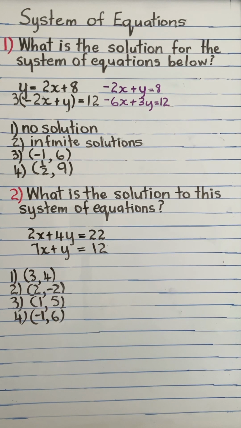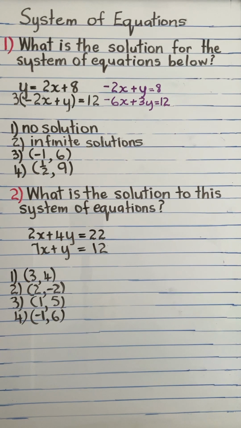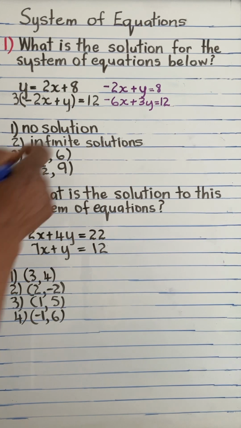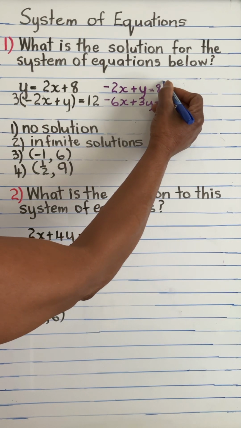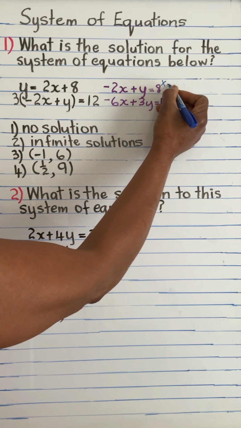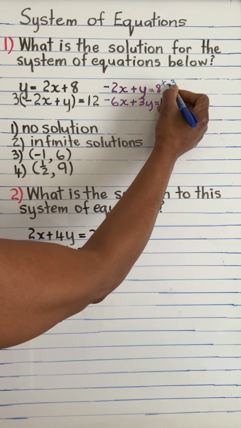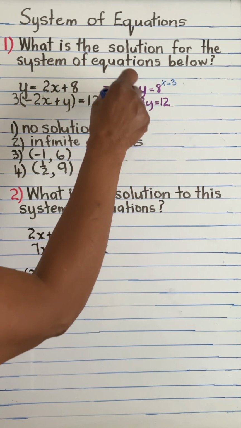Our second step is to make the coefficient of one variable opposite. Because we're using the method of elimination, we cannot readily eliminate any one of the variables, so we have to make one of the variables opposite. Let's take the first equation and multiply by negative 3 so that we can make this variable opposite.